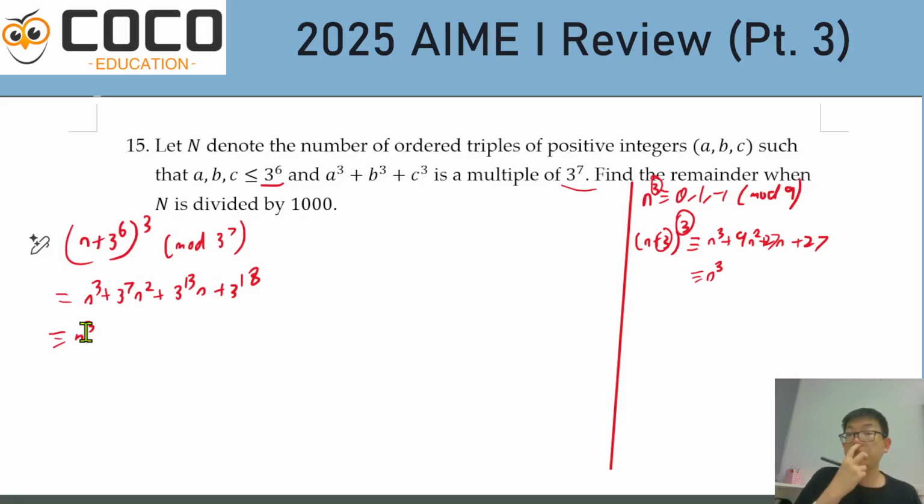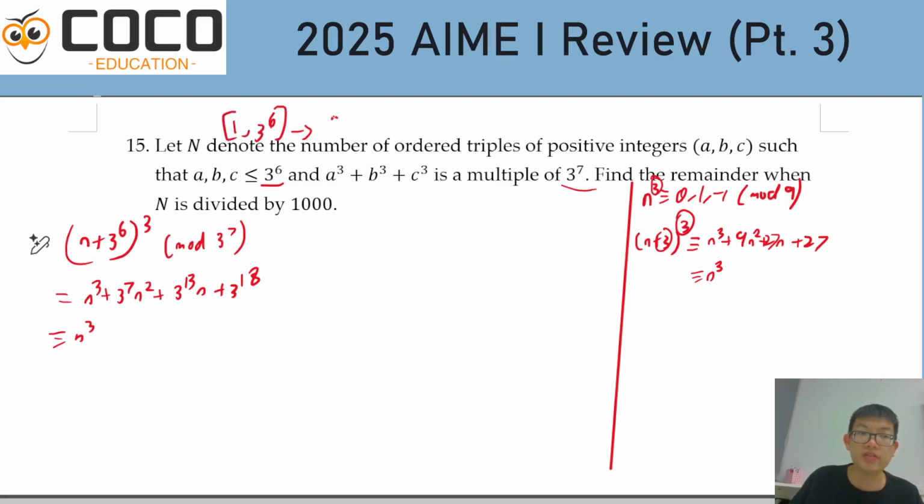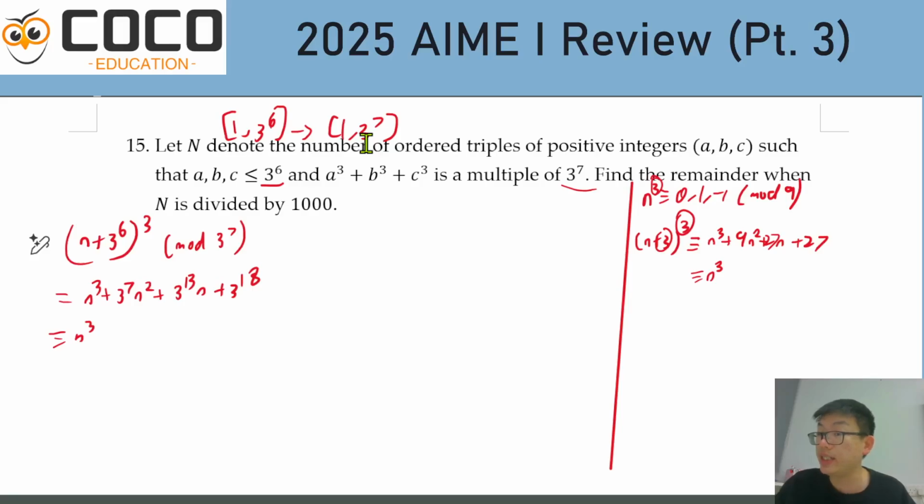Okay, so it means that in reality it's no difference from if, let's say, instead of it being 1 to 3 to the 6, you changed it to 1 to 3 to the 7. It's the same, except that it would have now multiplied the number of triples by 3 cubed, which is probably why it's chosen this way. So I understand that.